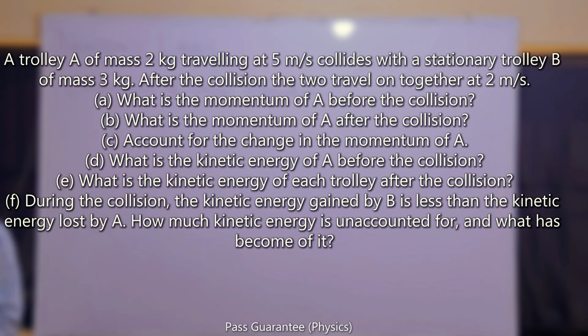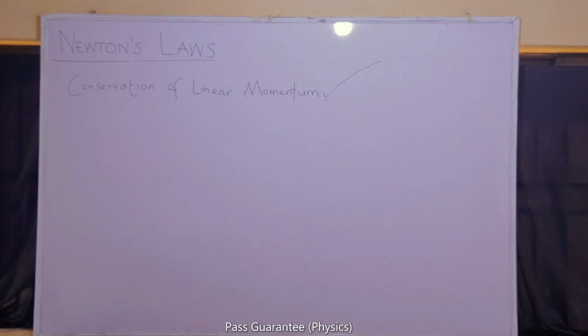Account for the change in the momentum of A. What is the kinetic energy of A before the collision? What is the kinetic energy of each trolley after the collision? During the collision, the kinetic energy gained by B is less than the kinetic energy lost by A. How much kinetic energy is unaccounted for and what has become of it?